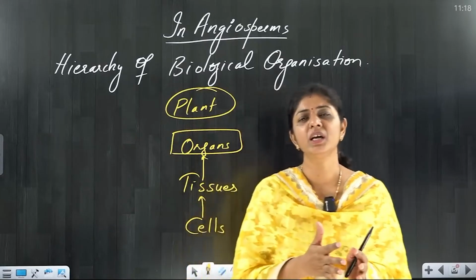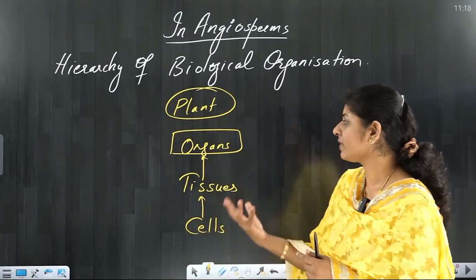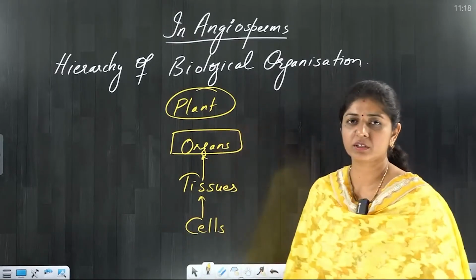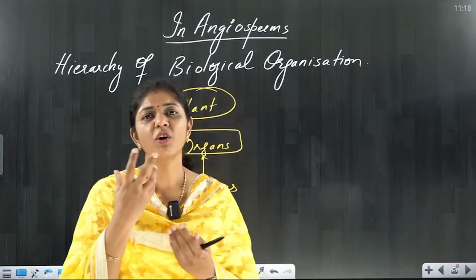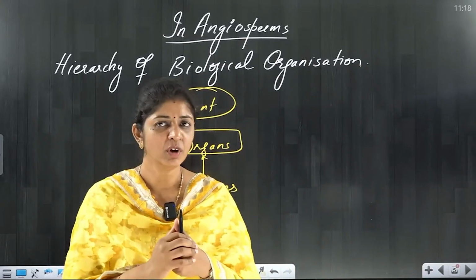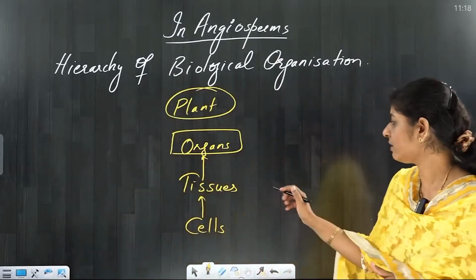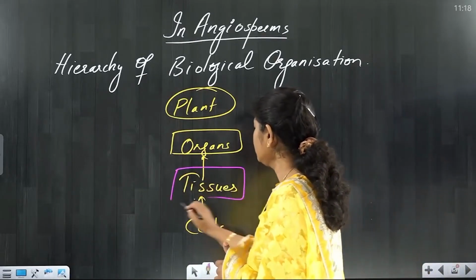But in Plantae, we are discussing angiosperms, and in angiosperms or in plants, you will find the organization goes up to organs. But if you see Animalia, organ systems form, and then the organism, that animal, you have to talk about.